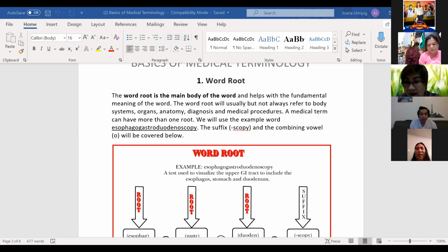By the time of your practice, if you talk it most regularly, even without memorizing, you will be able to say it in an easy way. The suffix -oscopy and the combining vowel O will be covered below. So let's see the example below. How does esophagogastroduodenoscopy form?